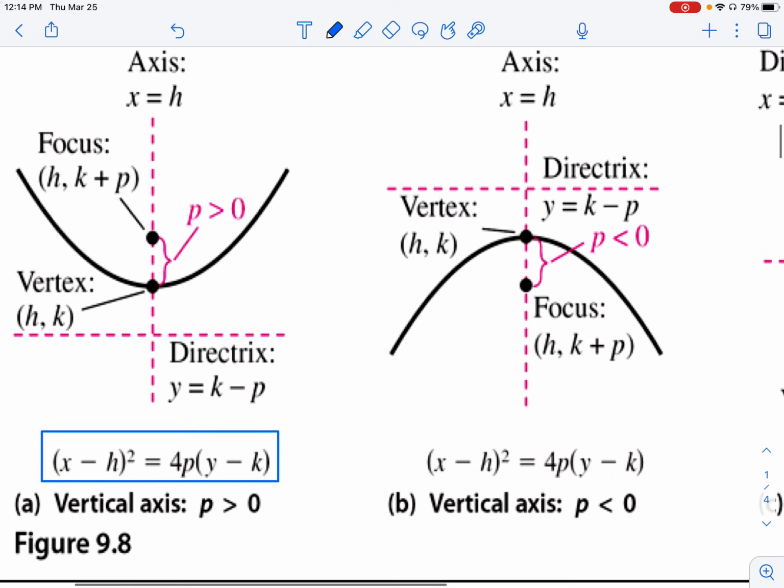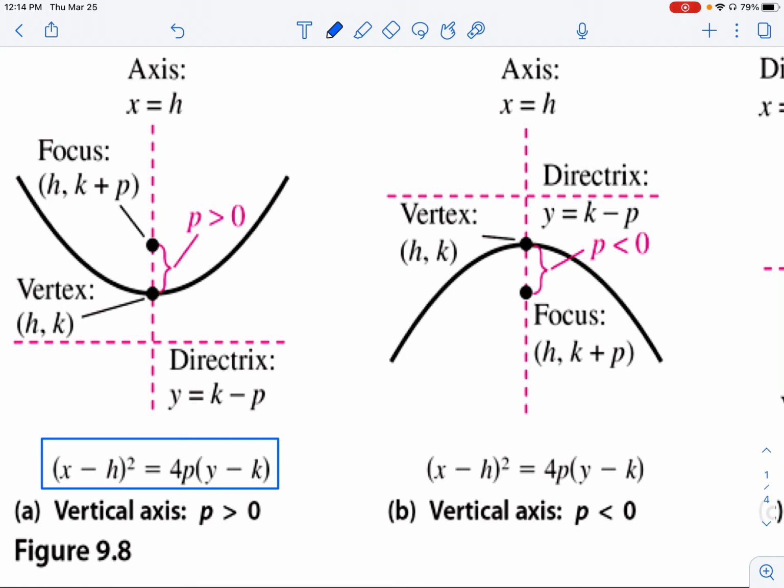You might be somewhat familiar with these forms for a parabola. Here, when our x value is squared, when our x value is what's quadratic, that means this is y as a function of x, which would make this parabola vertical, meaning it opens up or it opens down.